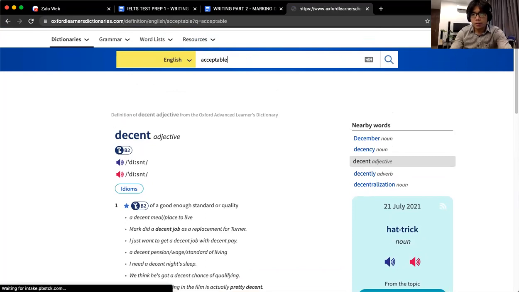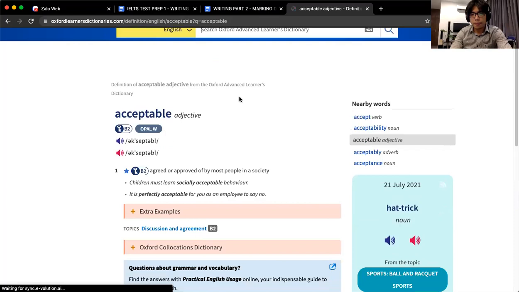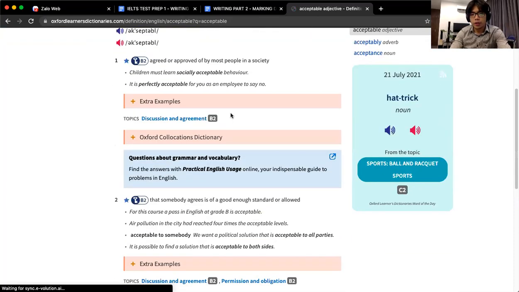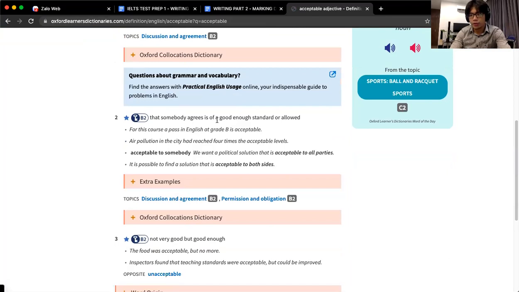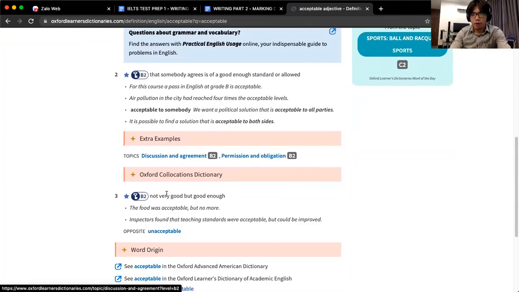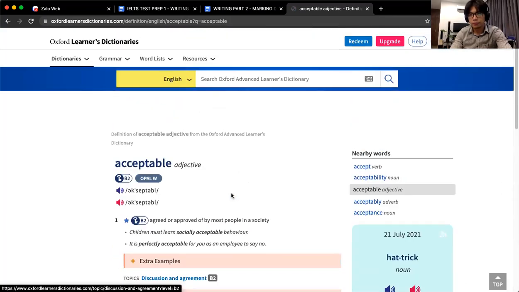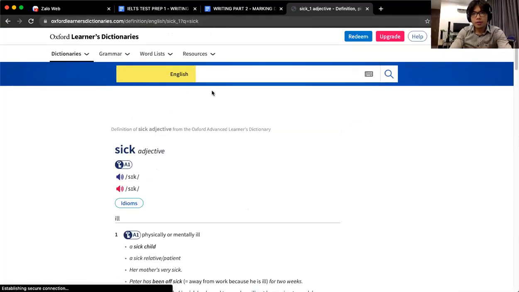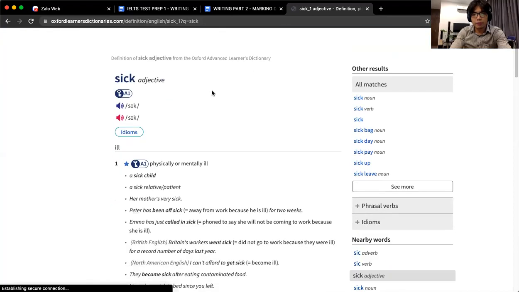Another word is acceptable. Agreed or approved by most people in society. Good enough standard. Not very good, but good enough. So acceptable and decent, they're quite similar. So we have decent, we have very good, and we have superb. And then something that is very, very good, we can say sick.